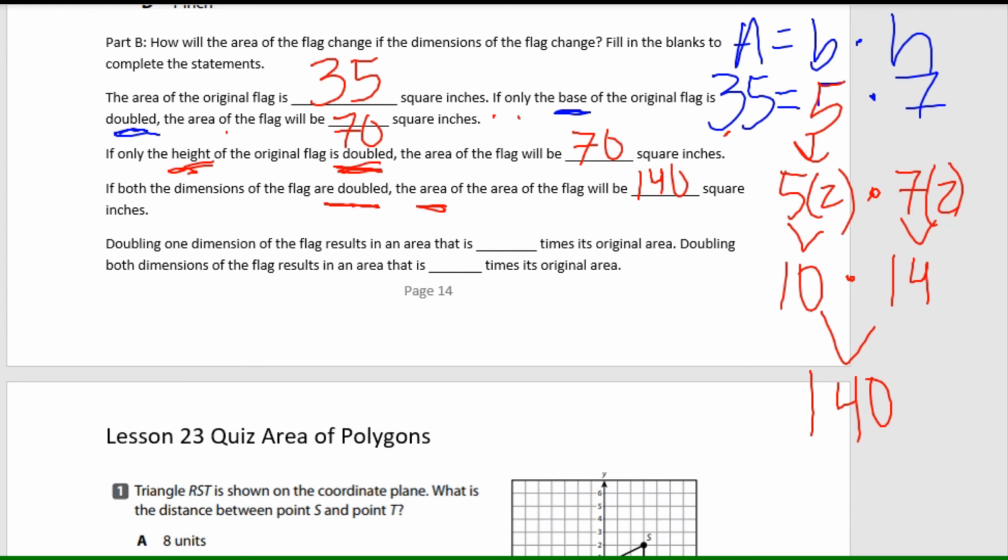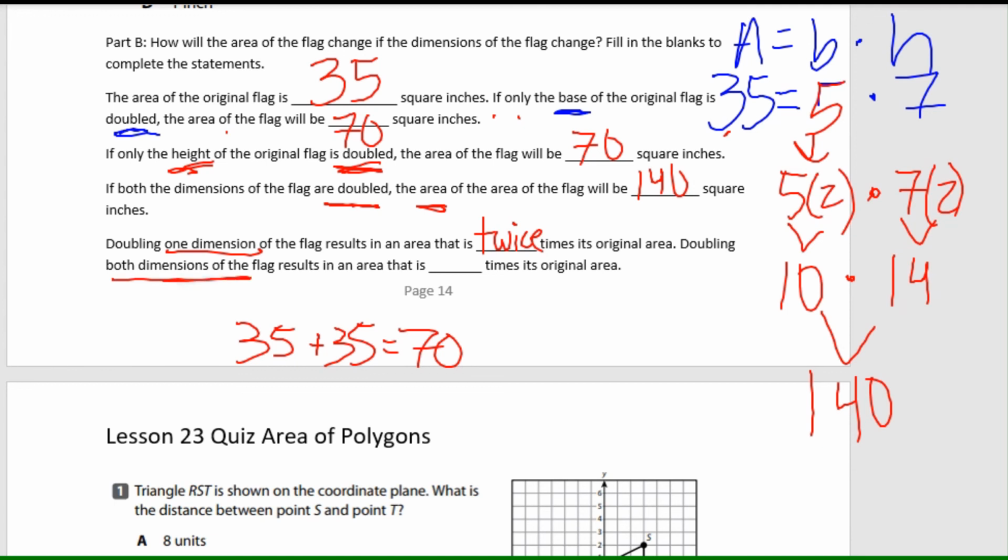The original area was 35, right? And when we double one dimension, we end up with 70. So how many 35s does it take to end up with 70? That's gonna be 2. So doubling one dimension, we end up with an area that's twice the area of the original flag.